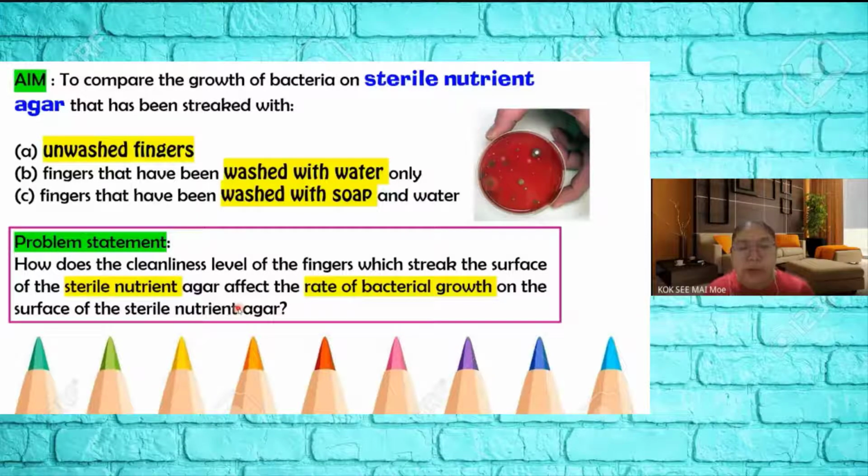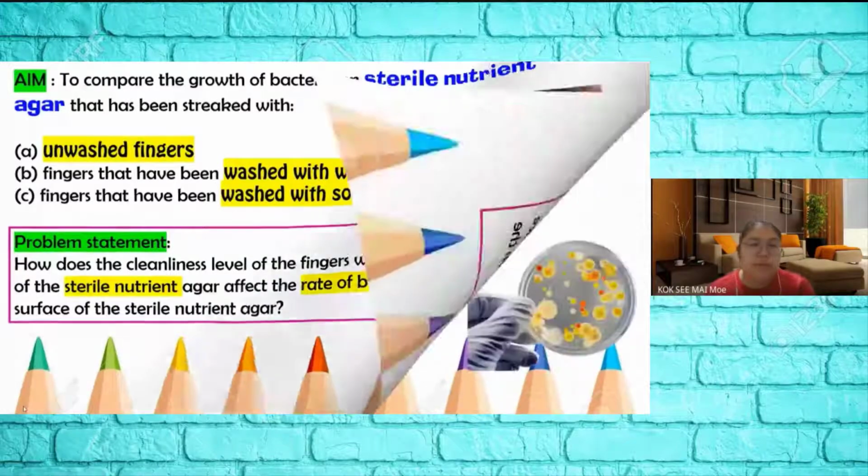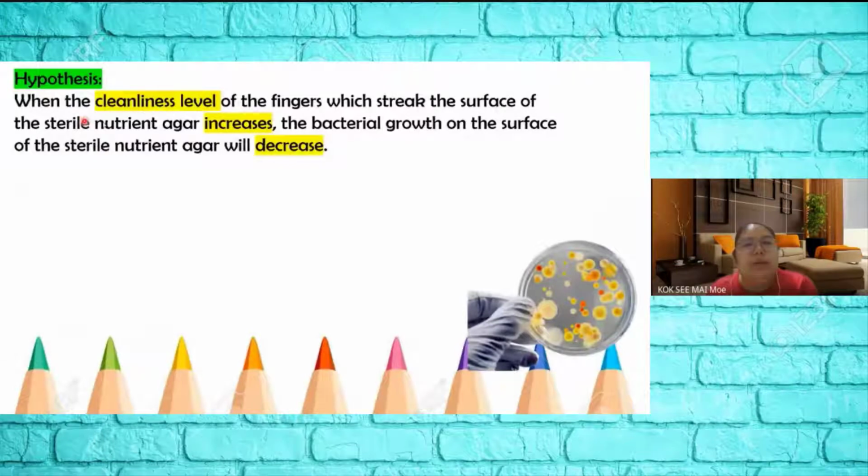After the aim and the problem statement, we go to the hypothesis. The hypothesis is just like the earlier conclusion. It means I have not yet done the experiment, but I assume this should be the result. So when the cleanliness level of the finger restricted to the surface of the sterile nutrient agar increases, the bacteria growing on the surface of the sterile nutrient agar will decrease.